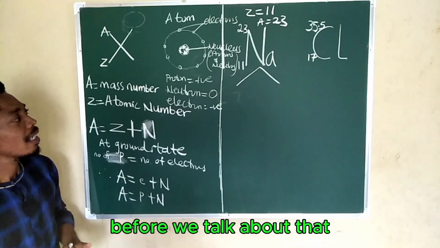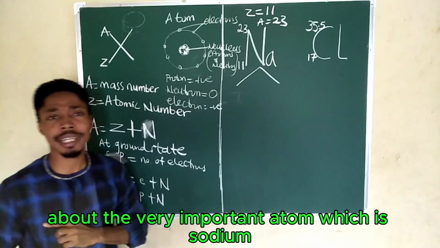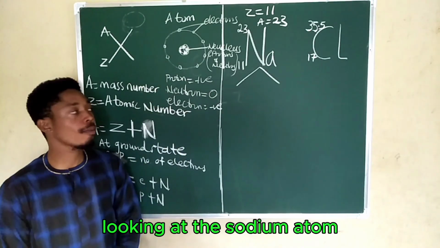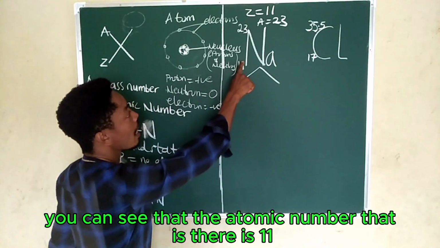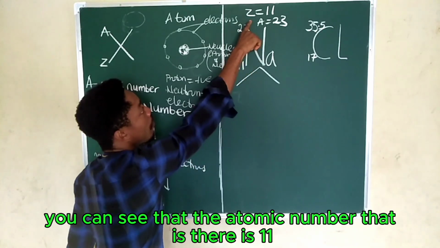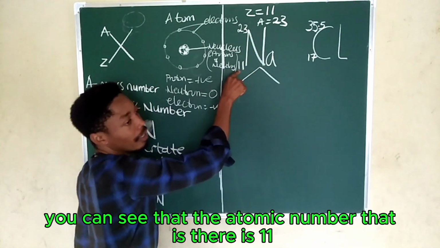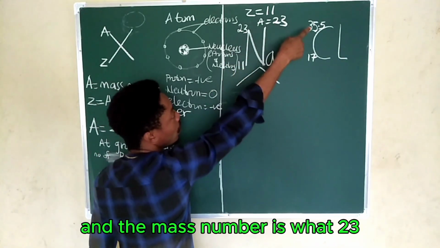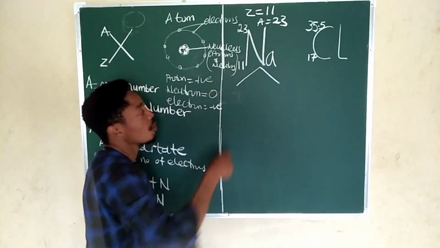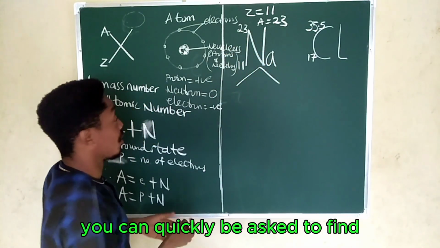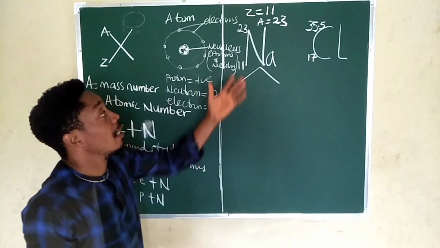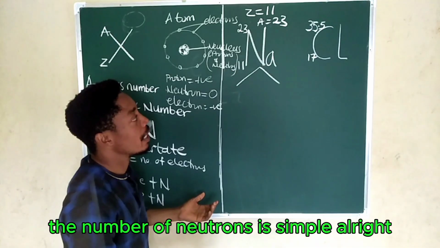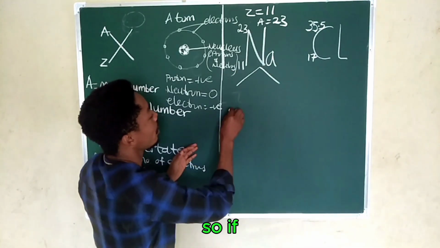Before we talk about that, let's do some investigation about a very important atom, which is sodium. Looking at the sodium atom, you can see that the atomic number, that is Z, is 11 and the mass number is 23. So, you can quickly be asked to find the number of neutrons. The number of neutrons is simple.